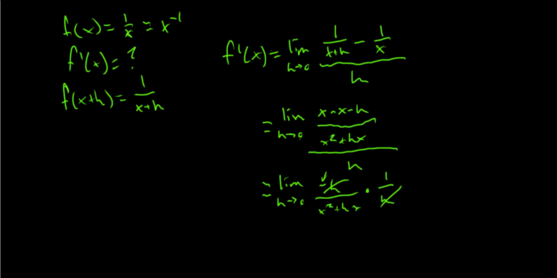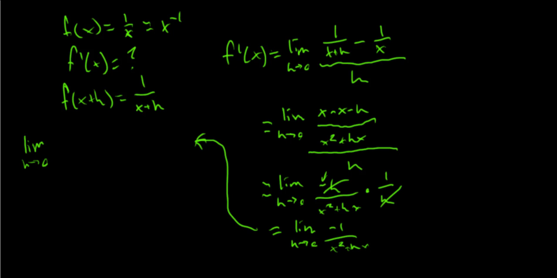So now we have, this is equal to the limit as h approaches 0 of negative 1 over x squared plus hx. And we can evaluate our limit as h approaches 0.